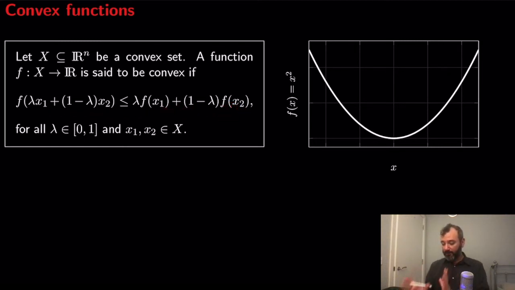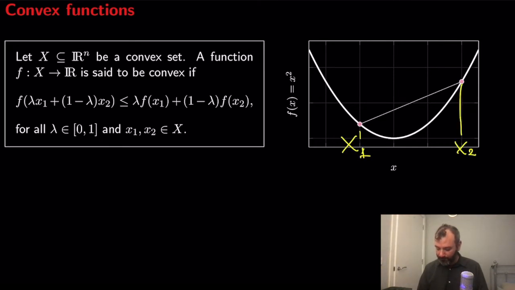I mean, you can look at the function and you can tell whether it is convex or not. The function we have here is a convex function. Let's see why. If I take 2 points, x1 and x2, and I take the value of the function at this point in the middle that connects x1 and x2, so what is that here?